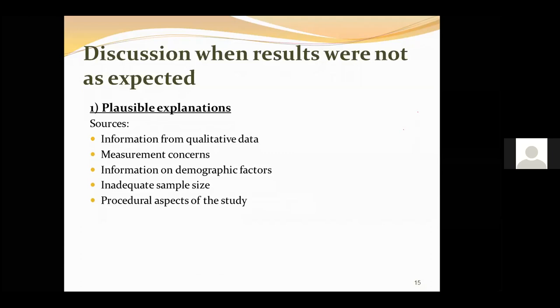Maybe they used the self-administered questionnaire, and here you're using face-to-face. I mean, just dig into the procedural aspects. That could also provide reasons why the results were not as expected.